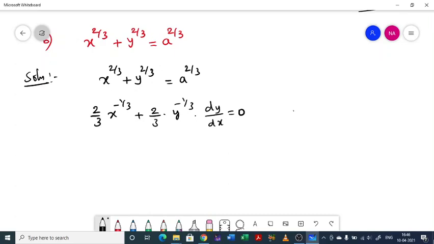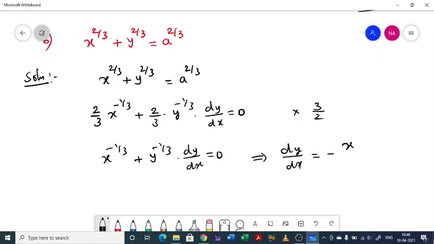So you can multiply throughout by 3 by 2. So here 2 by 3, 3 by 2 get cancelled. So x power minus 1 by 3 plus y power minus 1 by 3 into dy by dx equal to 0.